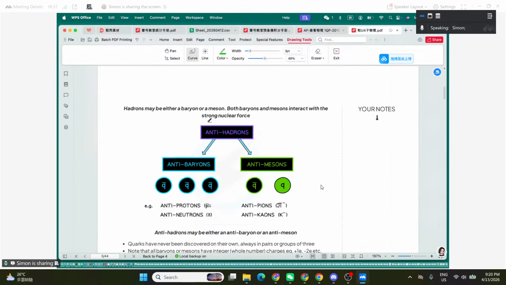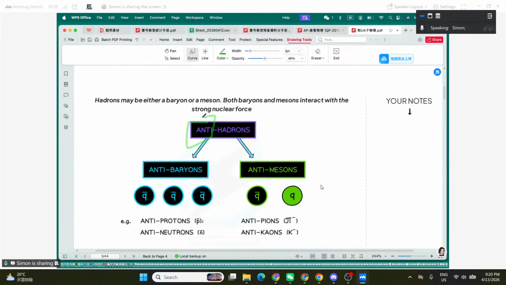Here's the antimatter. What is antimatter? Antimatter has the same properties as matter, but there's one thing that is opposite, the charge quantity.